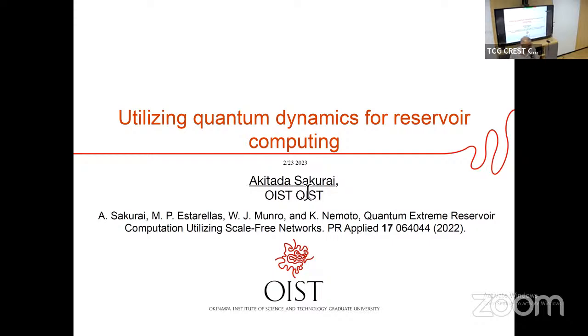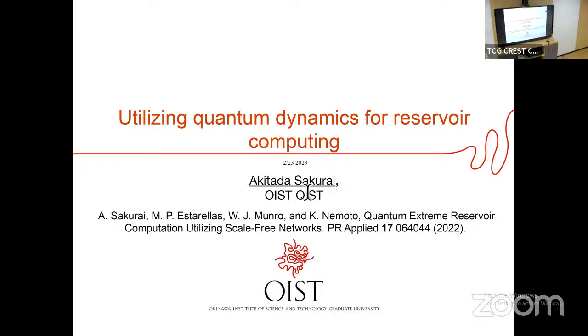Okay. So let me welcome all of you to the second talk by Dr. Sakurai from Okinawa Institute for Science and Technology. I had introduced him in his first lecture, so I'll just say that both during his doctoral and postdoctoral work, he has done groundbreaking work on quantum machine learning. And he will talk about some of that today: reservoir computing utilizing quantum dynamics.